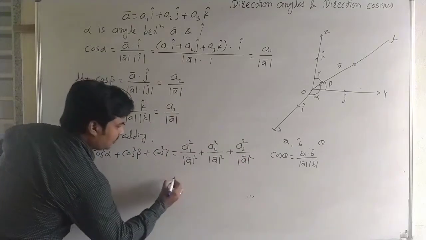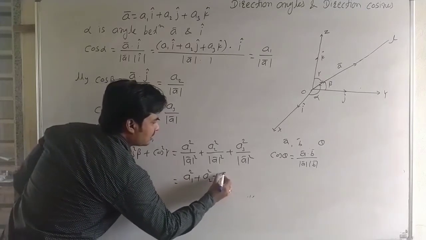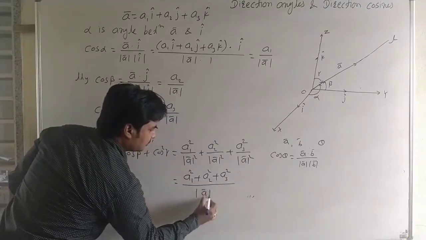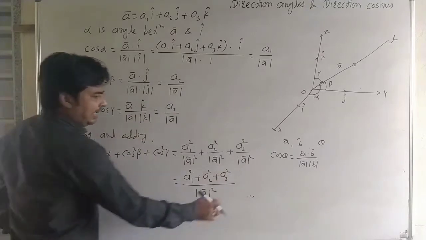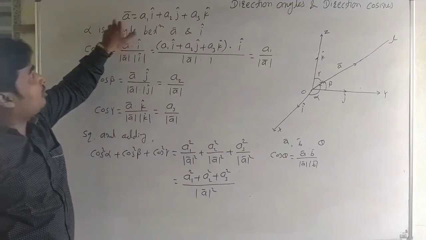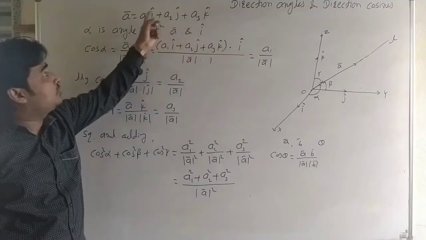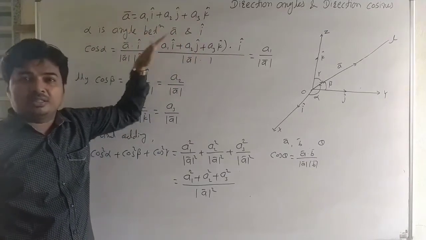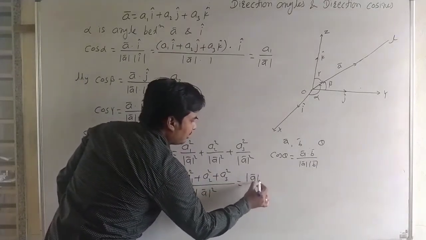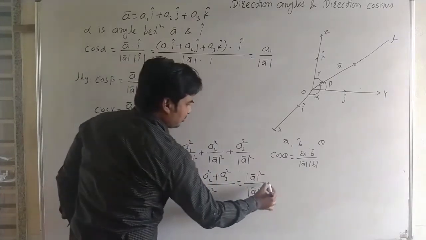Now a1 square plus a2 square plus a3 square upon magnitude of a square. The magnitude of vector a bar is the square root of a1 square plus a2 square plus a3 square, so its square is a1 square plus a2 square plus a3 square. So it is magnitude of a square upon magnitude of a square, and that is equal to 1.